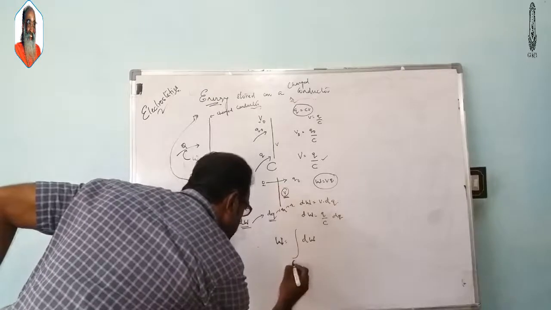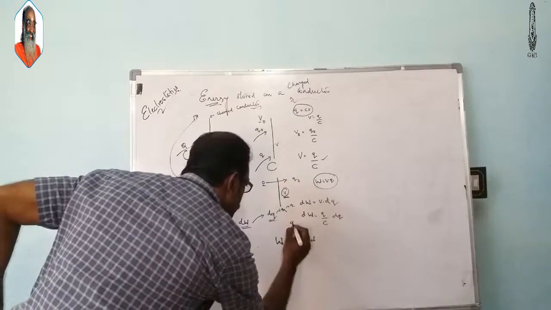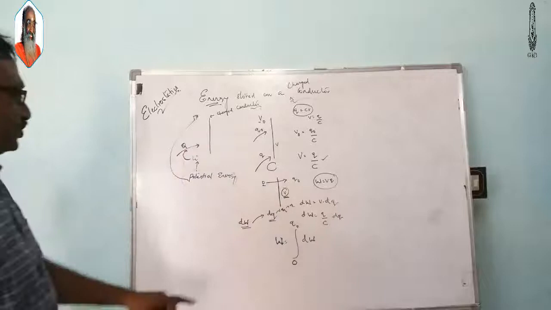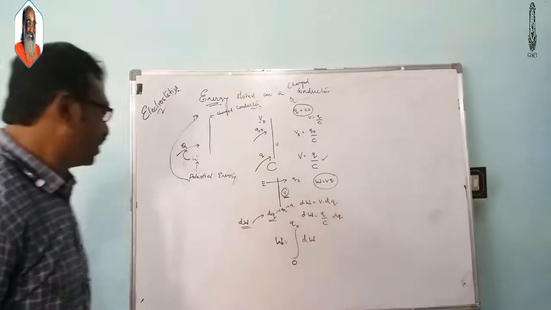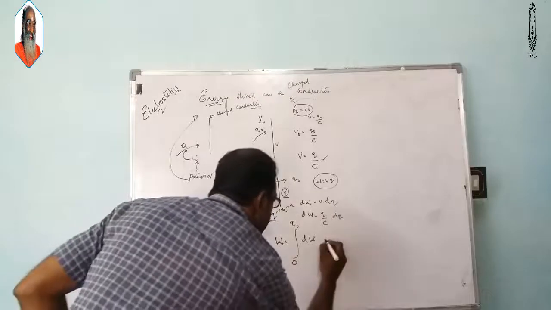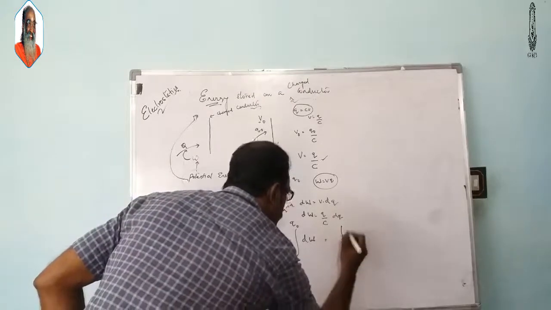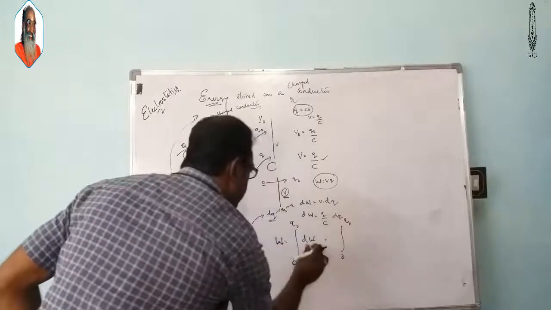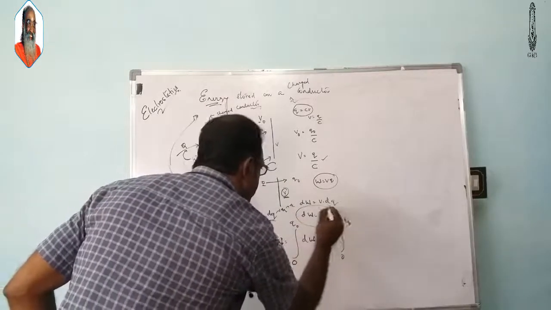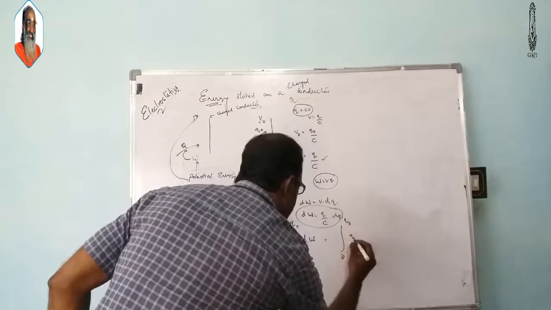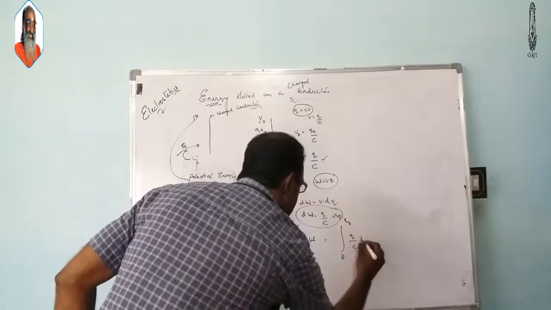For giving the charges from 0 to Q naught. So the total work is the integral of dW from 0 to Q naught. dW is Q by C dQ.